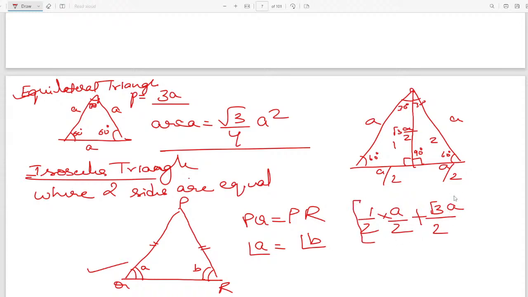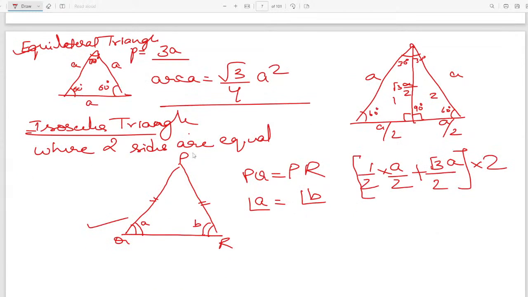If I multiply this by 2, I'll get the area of the whole triangle. I'm sorry, I have not multiplied the height here.